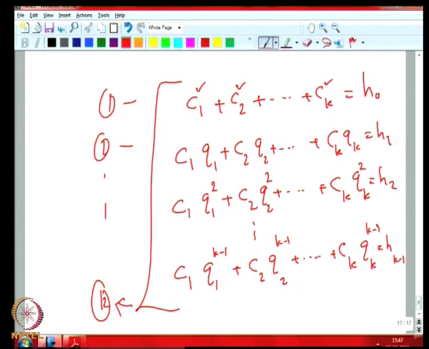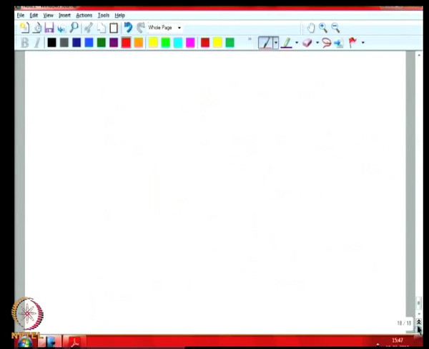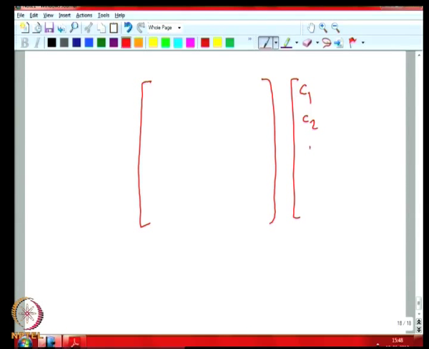So, can we always find values for C1, C2, Ck? If you remember from linear algebra, this corresponds to solving a matrix equation, with the vector of C1 to Ck equal to H0, H1, up to Hk minus 1.